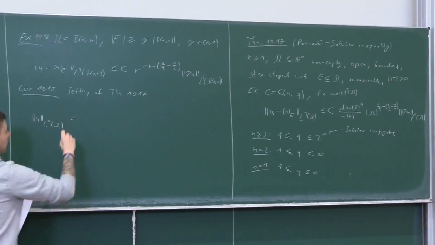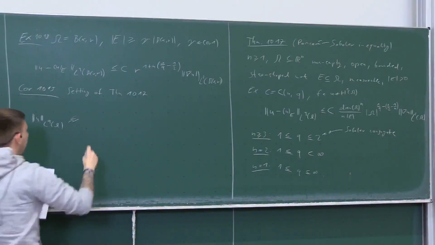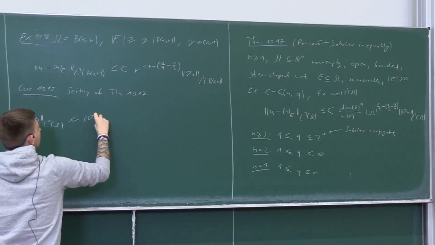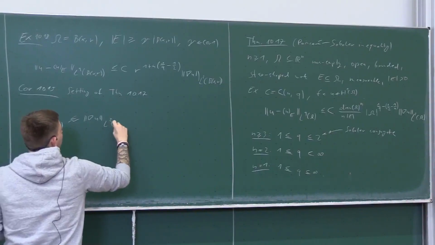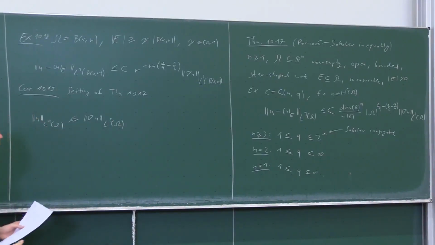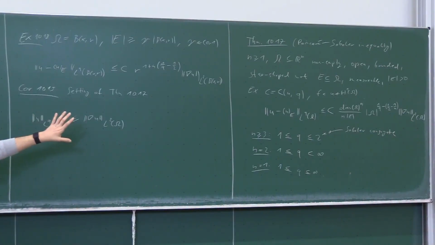Then I get an estimate against the gradient of u in the L2 omega norm. So if you have in mind that, let's say, q were just this 2 upper star, then this would just be the inequality that we derived last time.